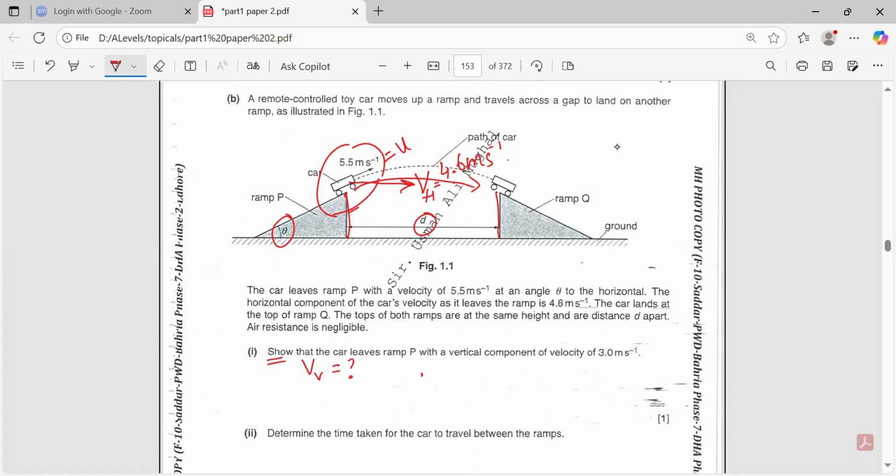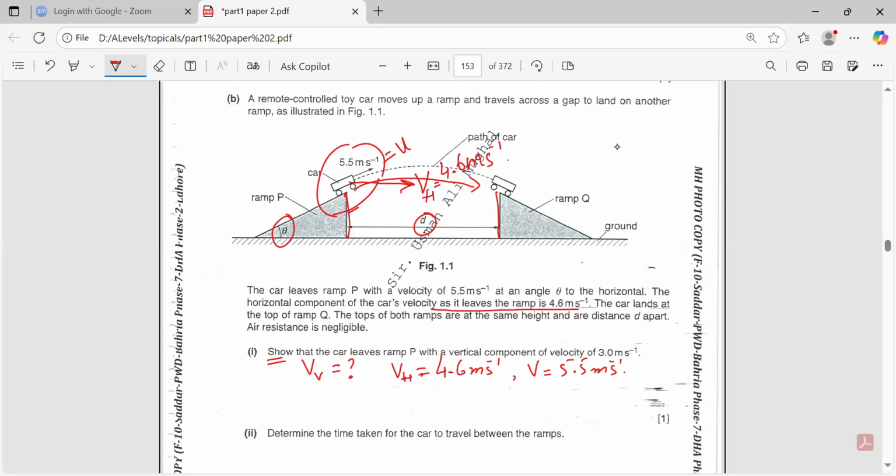Apart from this, we are provided with the horizontal velocity. The horizontal component of the velocity given to us is 4.6 meters per second. And we are given the total velocity with which it is being launched, and that velocity is 5.5 meters per second.